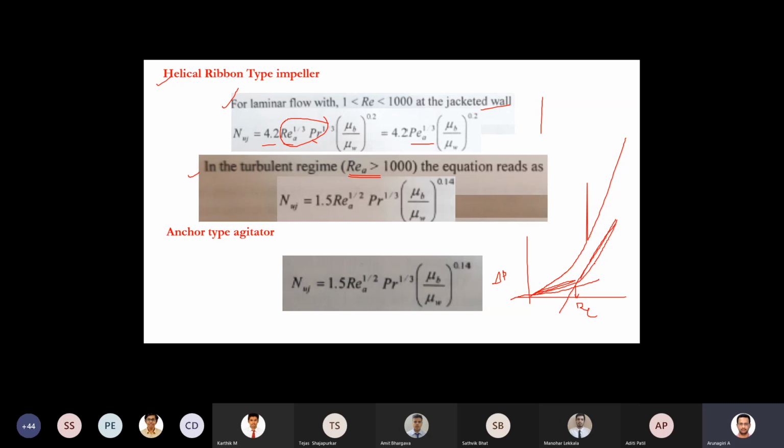The slopes of these lines are different. So you can easily find out these transition points, up to which Reynolds number it follows laminar, and what is the bottom range for turbulent. Those things you can easily identify, and this portion will provide the transition.